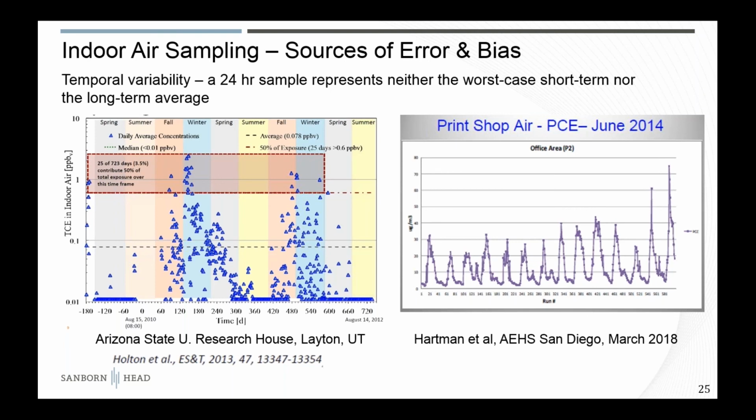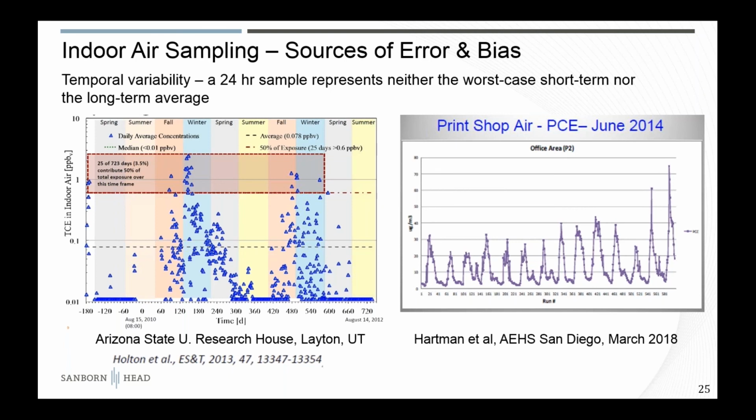And you can see this pattern of very noisy data, but with some general spikes over the winter time. But if you're interested in what the maximum potential indoor air concentration is, you have a very high likelihood of missing that, depending on when you sample, although the best chance to get it is to sample in the winter time. And we'll come back to that in a second.